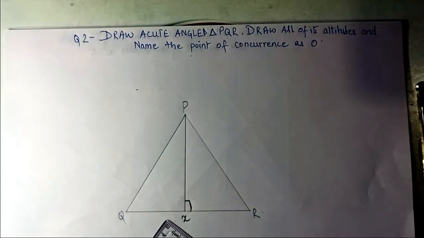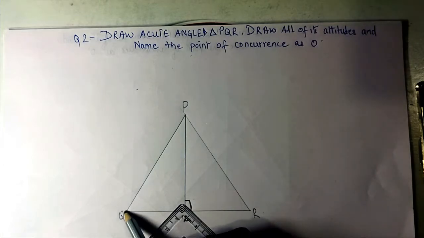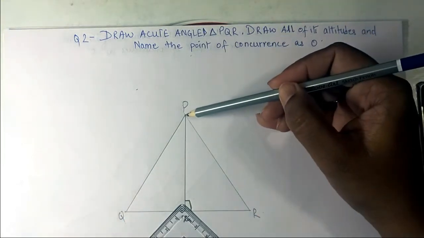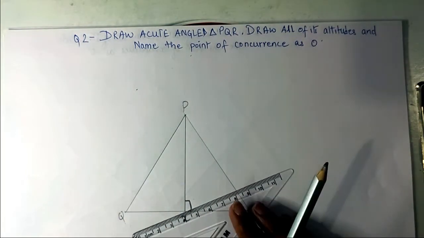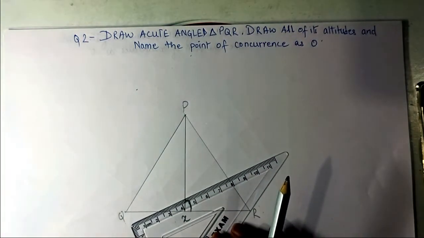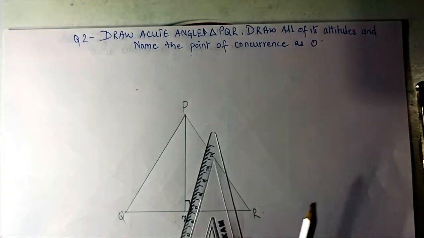X. Now we will draw a perpendicular from the vertex Q to its opposite side PR. So we have to make a 90 degrees, correct?